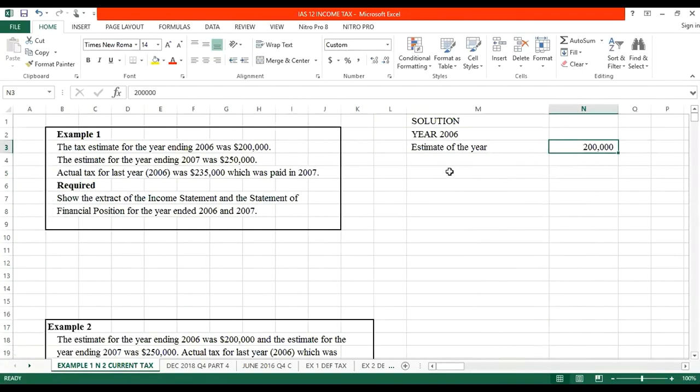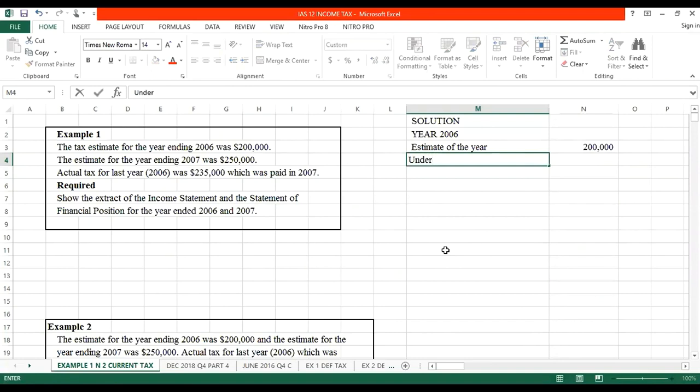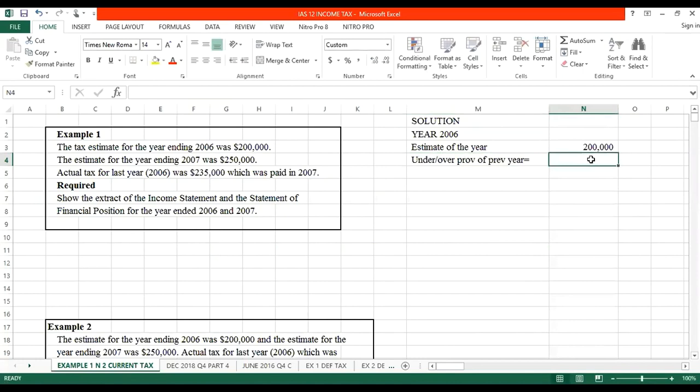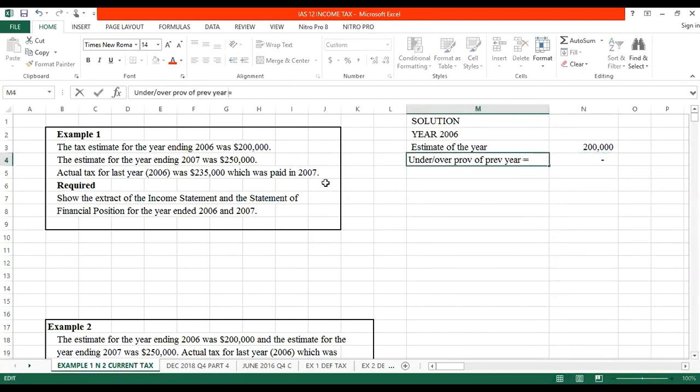Now, in 2006, we have not been given any figure for 2005. There is no figure for 2005. So I can say the over or under provision of the previous year is equal to 0. Previous year being 2005.